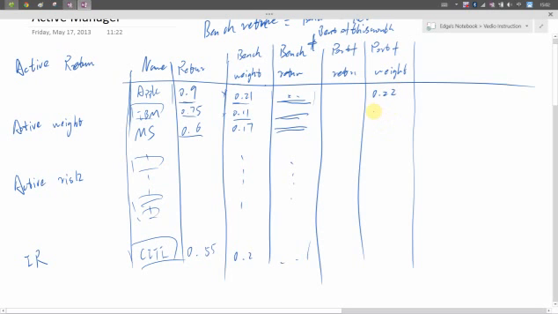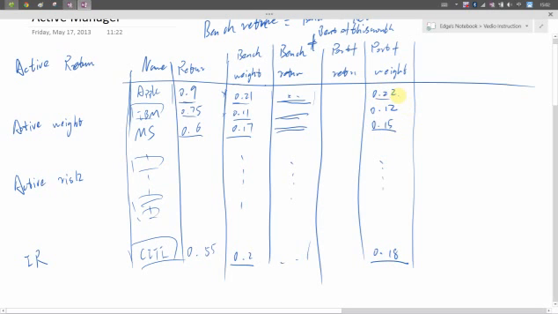IBM is cool, 1.2. Oh, Microsoft is just not that good, probably 1.5, right? All the way down to the last one, maybe Citi, also don't like. As you can see the difference between these two.